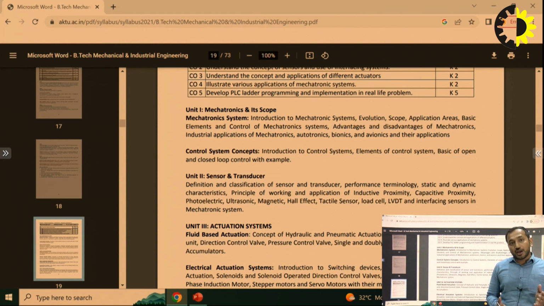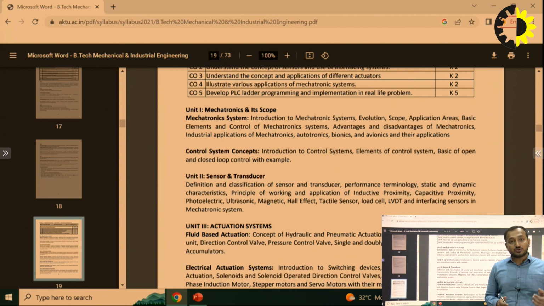Now if I take another example of a robotic system, an industrial robot, it consists of sensors which gather information from the surroundings. The sensors are called input devices. The information that the sensor gathers is given to the controller. The controller is essentially a brain which decides whether a certain task is to be performed or not.